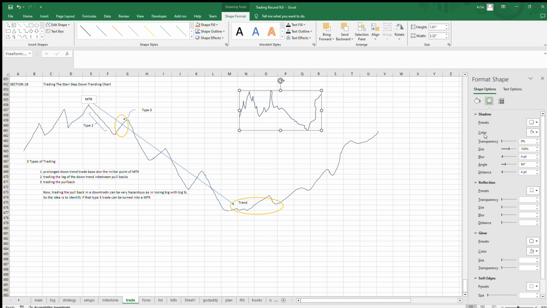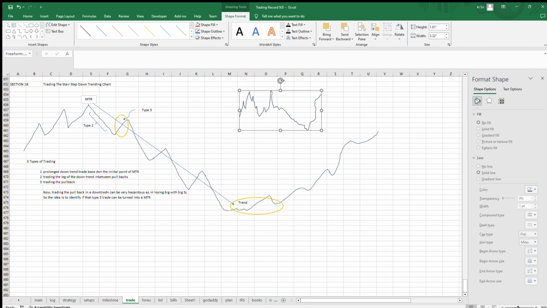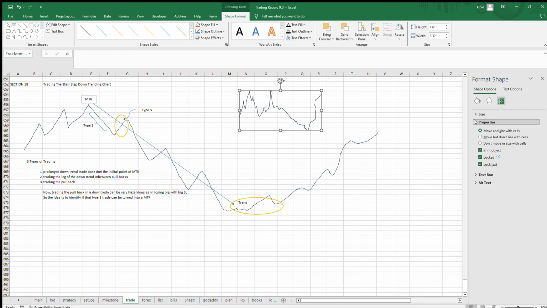Okay, so I'm looking to see if this box can fit in. Lock, move button.